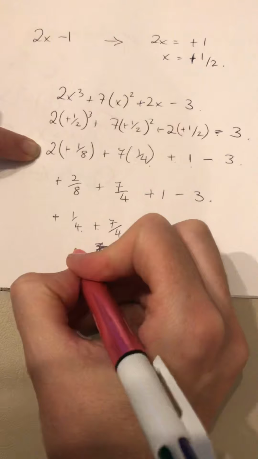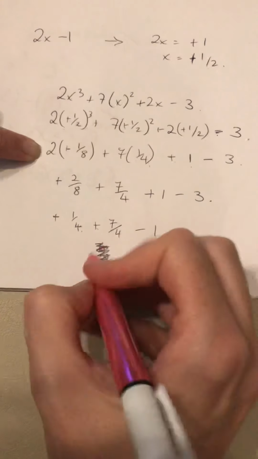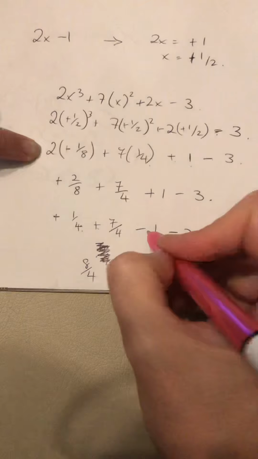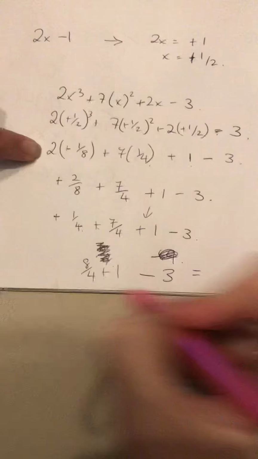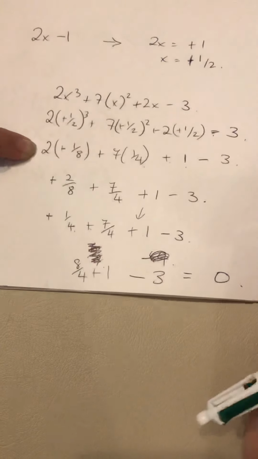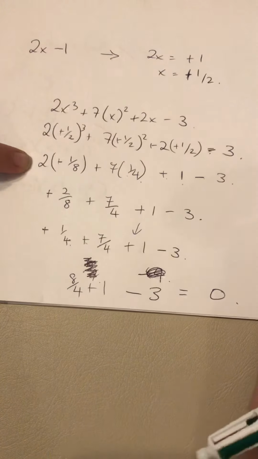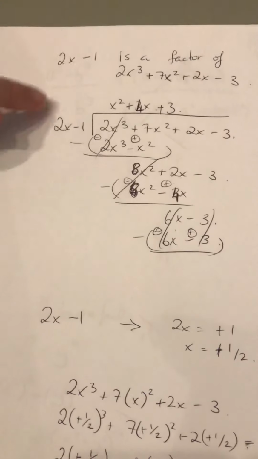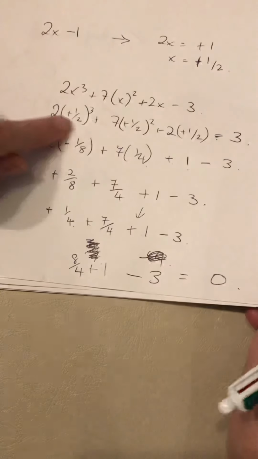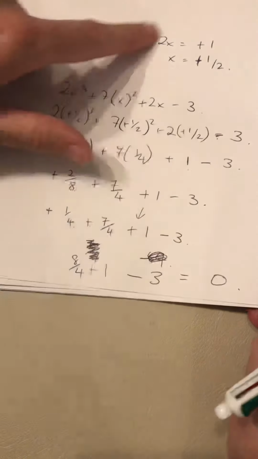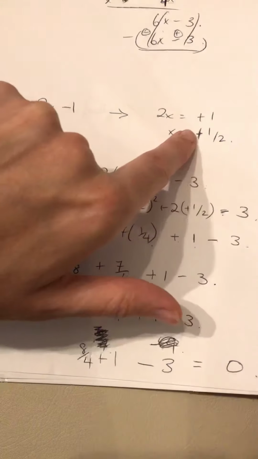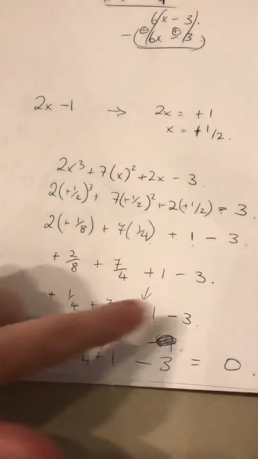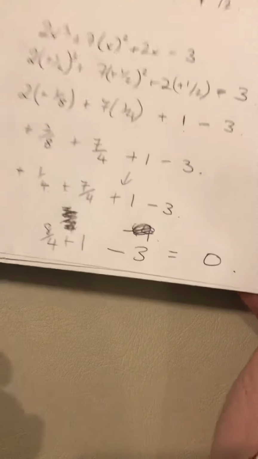Well, 2/8 is a quarter. It's 8 over 4. Sorry, it's plus 1. Plus 1 minus 3 does give me 0. And after all those messing up, I do work out that long division, yes, it divides in evenly, no remainder. And subbing in, probably should have just used my calculator, even though I had made the mistake back here. So if this is a factor, then plus a half is the root, and I sub in plus a half, and I should end up with 0, which I do eventually.